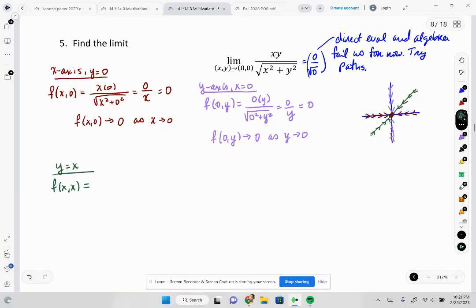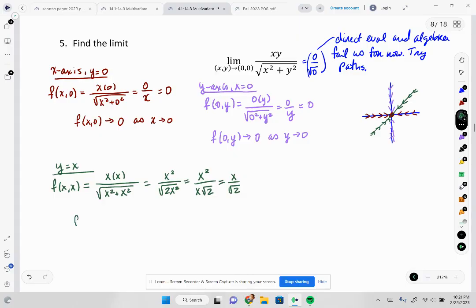So this is going to give me x times x in my numerator, and then the square root of x squared plus x squared. Oops, I'm saying x squared, but my hand still wants to write y squared. Then I can simplify this. This is x squared over the square root of 2x squared, and that goes to x squared over x square roots of 2, and finally this simplifies to be x over the square root of 2.